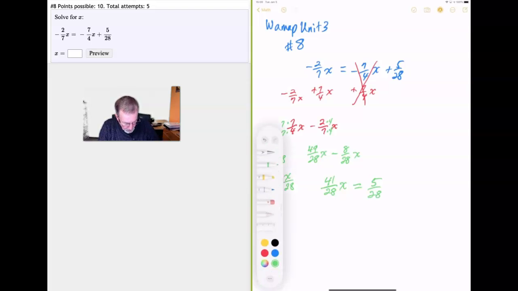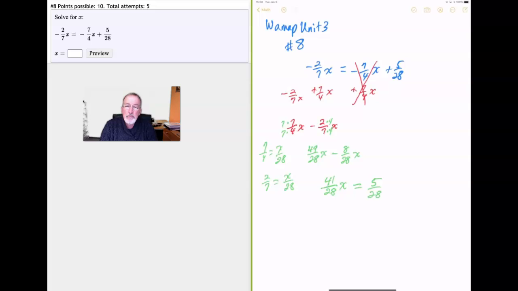What we want to do next, we have 41/28 x. We want to make that 1x, right? So does anyone remember how we do that when we're working with a fraction? We multiply this fraction by its inverse, and we have to multiply both sides by 28/41.